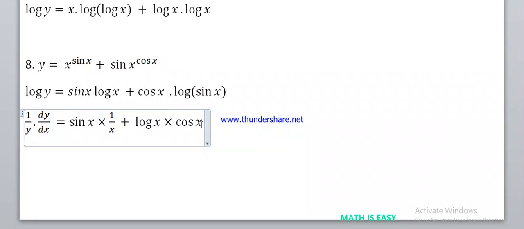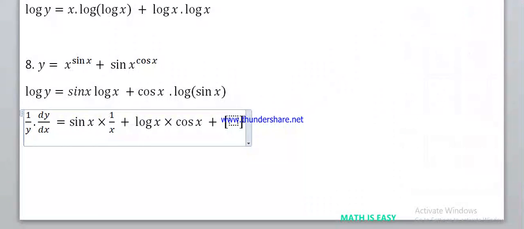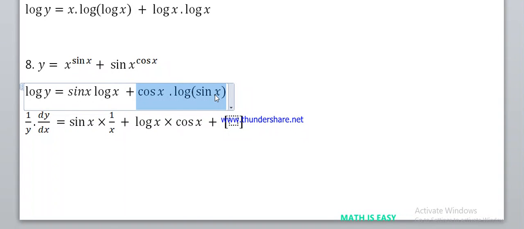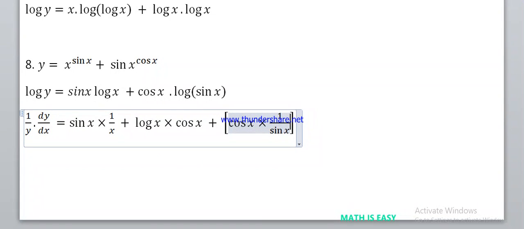Now the derivation of the next term, plus. Not to get confused, keep this term inside a bracket so that I can understand that the derivative of this term is within this bracket. Here u is cos x and v is log sin x. So u, that is cos x, into the derivative of log sin x. The derivative of log sin x is 1 upon sin x multiplied by the derivative of sin x, which is cos x.